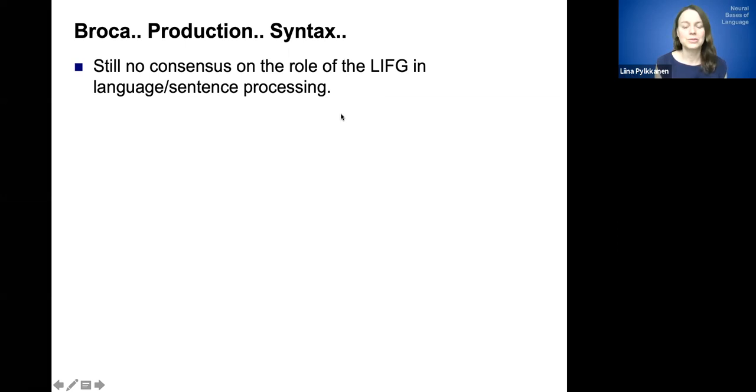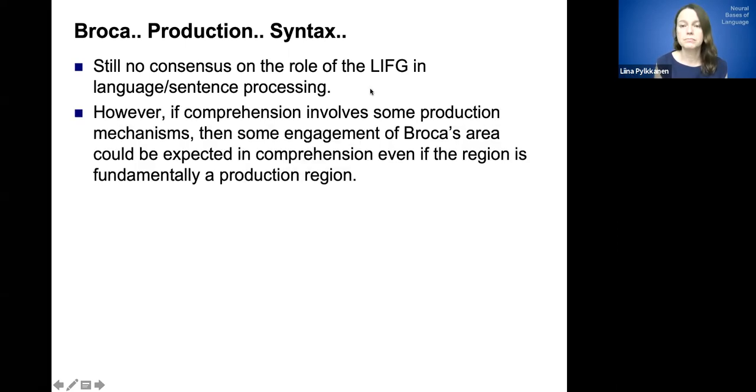But I certainly wouldn't say that we're at a consensus point still at this point. But what I'm highlighting for you here is that if comprehension involves some production mechanisms, then some engagement of Broca's area could be expected in comprehension, even if the region is fundamentally a production region. And I think that's an interesting direction.